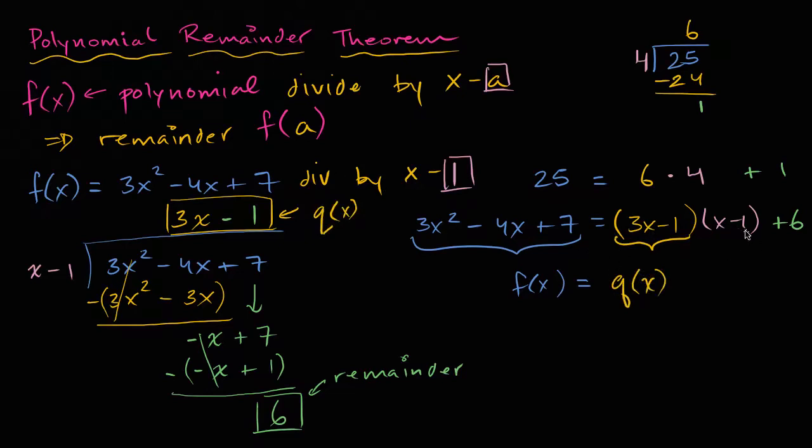In this case, a is 1, but I'm just trying to generalize it a little bit. So x minus a, and then plus the remainder. And we know that the remainder is going to be a constant because the remainder is going to have a lower degree than x minus a, and x minus a is first degree. So in order to have a lower degree, this has to be 0th degree. This has to be a constant.